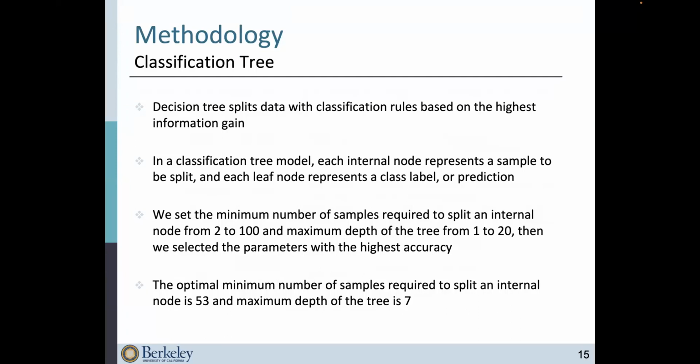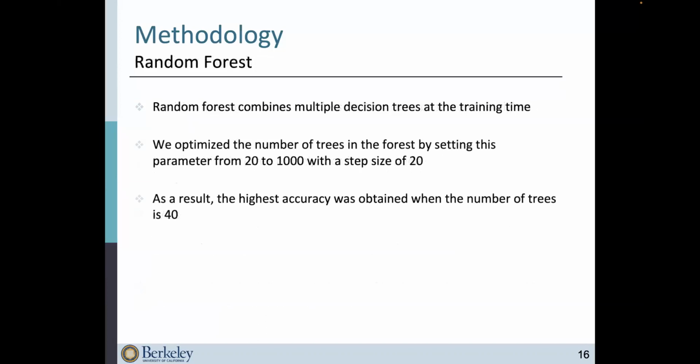We set the minimum number of samples required to split an internal node from 2 to 100, and the maximum depth of the tree from 1 to 20. Then we selected parameters with the highest accuracy, and the optimal minimum number of samples required to split an internal node is 53, and the maximum depth is 7. This is for the classification tree.